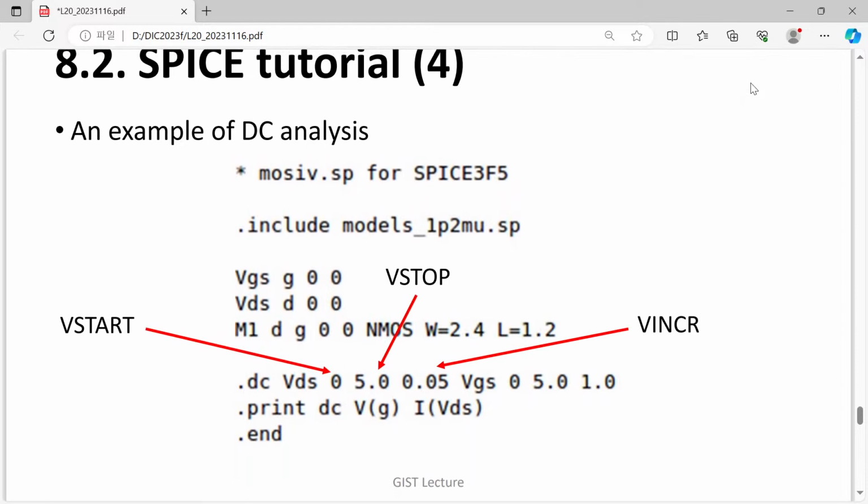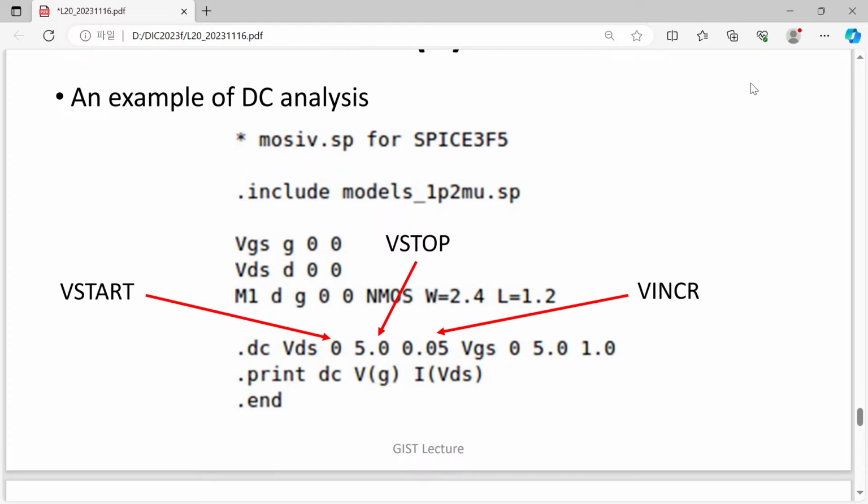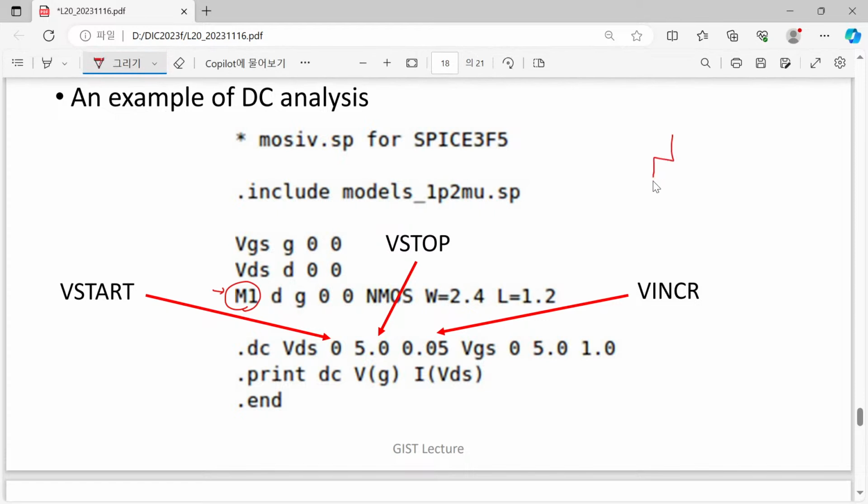This is the example of DC analysis of a single MOSFET. How can you understand this is a single MOSFET? Here we have M1. M1 has 4 terminals, and its drain is written as drain. Its gate is written as gate.